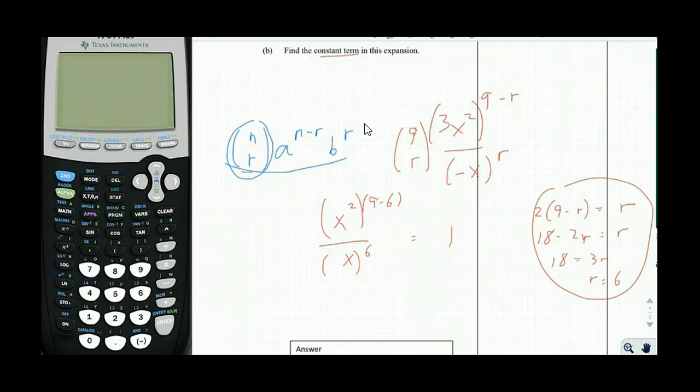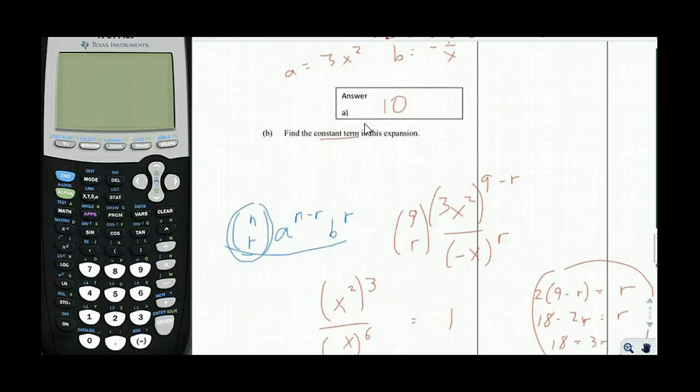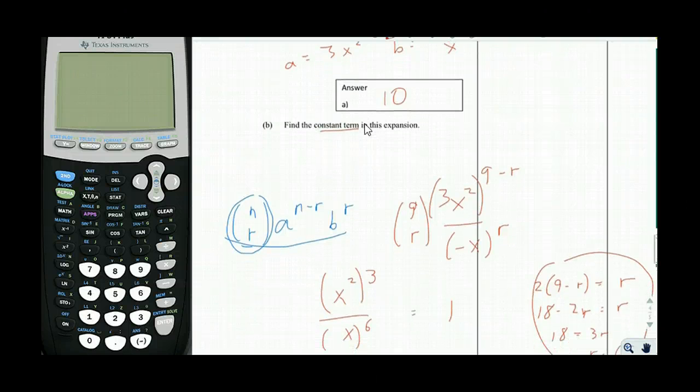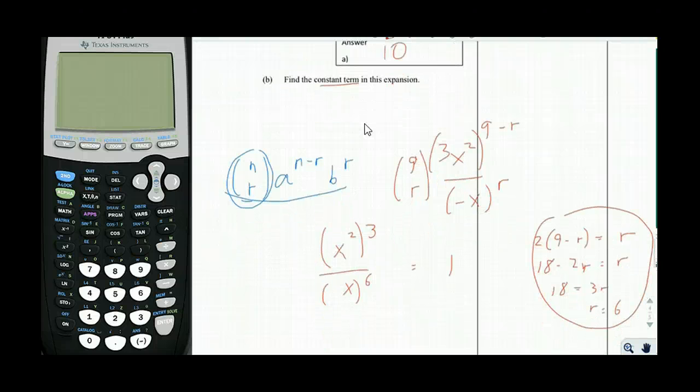So let's cross that out, and we'll just do the subtraction. It was 9 minus 6, so 3rd. Okay, so that worked out, right? So the term is going to be r equals 6, right?